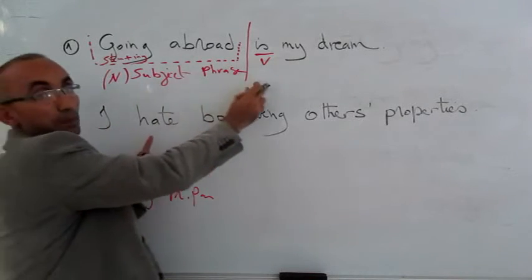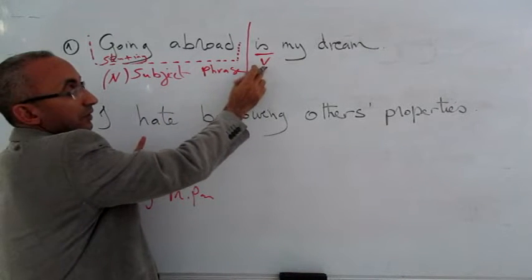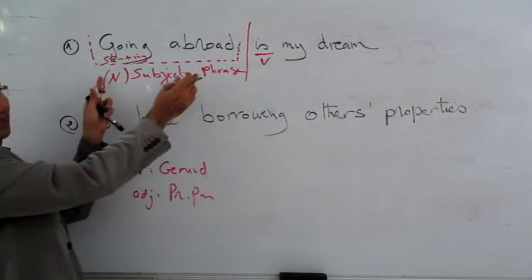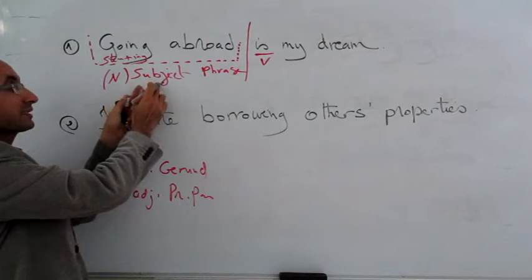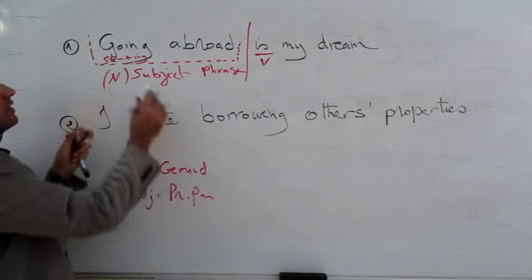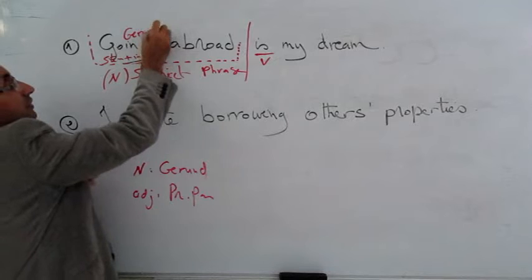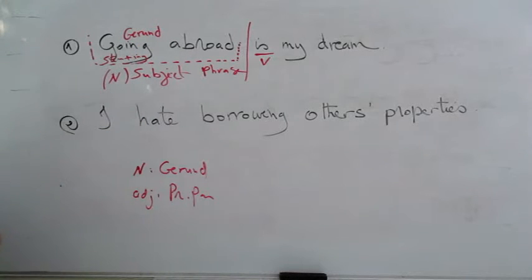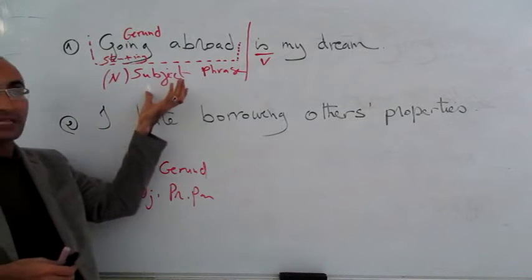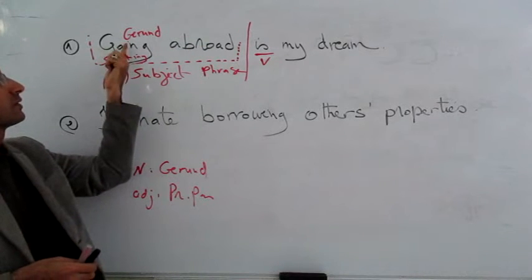So here, this verb has this phrase as its subject. So subject, it's a noun. Noun, it means stem plus ing is what? Is a gerund. So going here is a gerund.